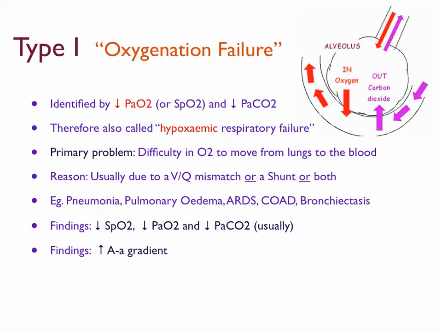Carbon dioxide is a much easier molecule to move. And therefore, in oxygenation failure, the primary problem that we see is actually a difficulty in moving oxygen from the alveolus into the blood. And this results in a low partial pressure of oxygen in the blood, which is called hypoxemia.